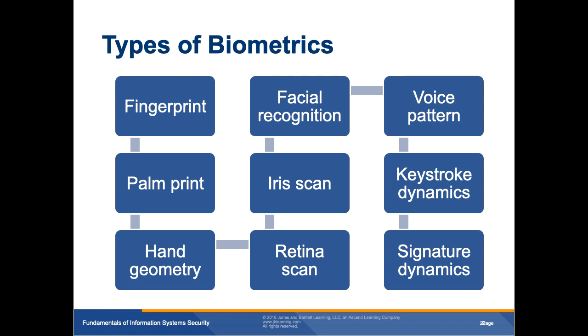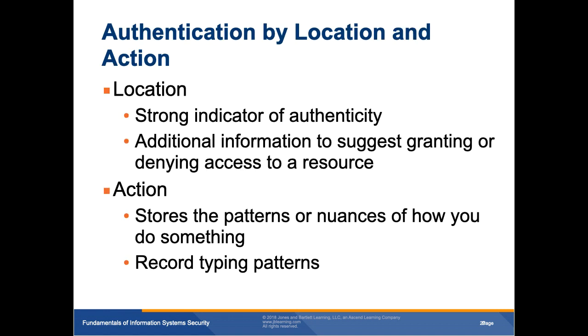Unauthorized access to the data could lead to misuse, right? Because with that data, somebody can impersonate you at a whole new level. And then, of course, you can have authentication by location or action, where you are or what you do, right? Recording typing patterns.